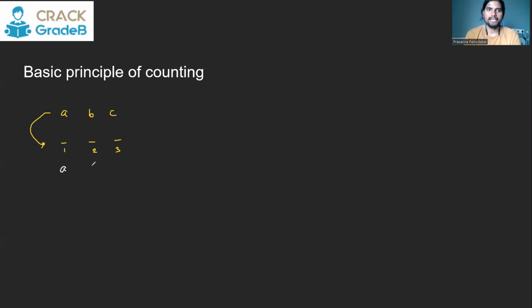Different ways means A, B, C is one of the ways. Now with A here, C and B are here. Then if B sits here, ACB will be the case. And if B is here, CAB will be another case. If C is here, ABC. And if C is here, BAC. Thus we have ensured that we are not missing any case, because we have made sure that at this position, everybody comes.